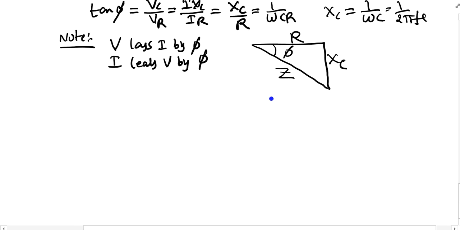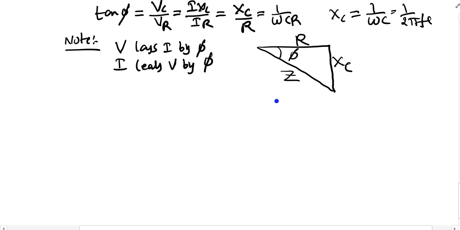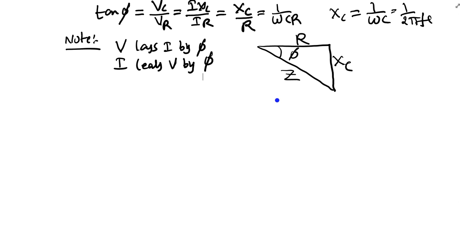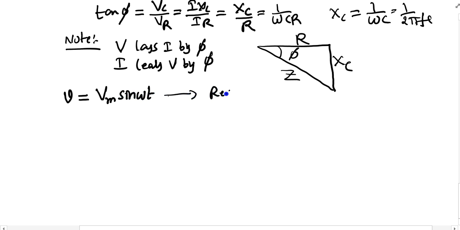Now we'll write the instantaneous current and instantaneous voltage. We know the instantaneous voltage is Vm sin omega t. I am taking Vm sin omega t because I am taking this as a reference quantity. That's why sin omega t, and this sine wave will start from the 0 point. But what about my current here?